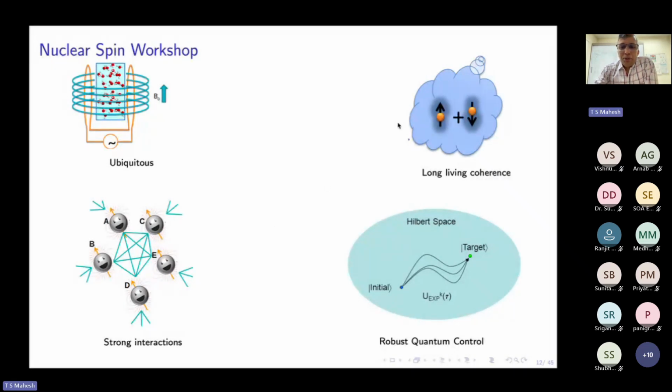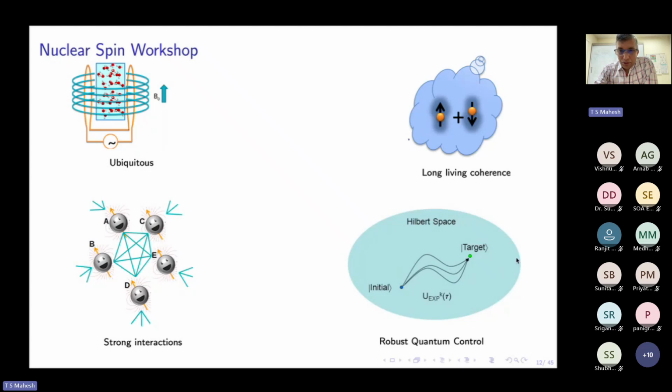So in general, if you take a multi-spin system, they live in a large Hilbert space, and there is some specific initial state, and using these RF pulses, we can design the quantum control. Quantum control is basically sophisticated quantum gates, such that we can drive the initial state from any point to another target point, very precisely and in a robust way.